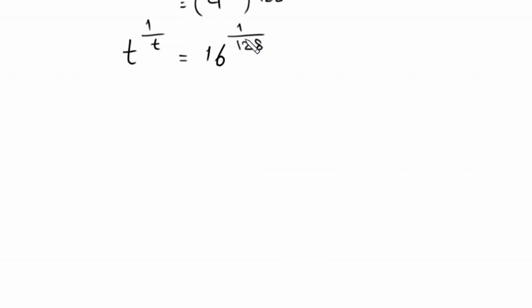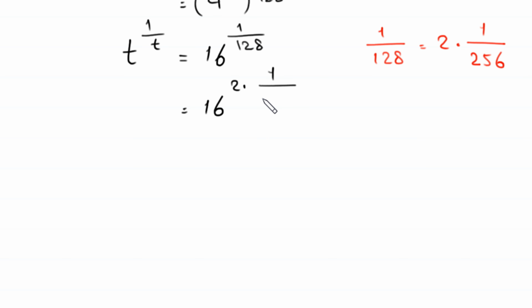Now this 1 over 128 can be written as 2 times 1 over 256. So the right hand side will become 16 to the power 2 times 1 over 256.